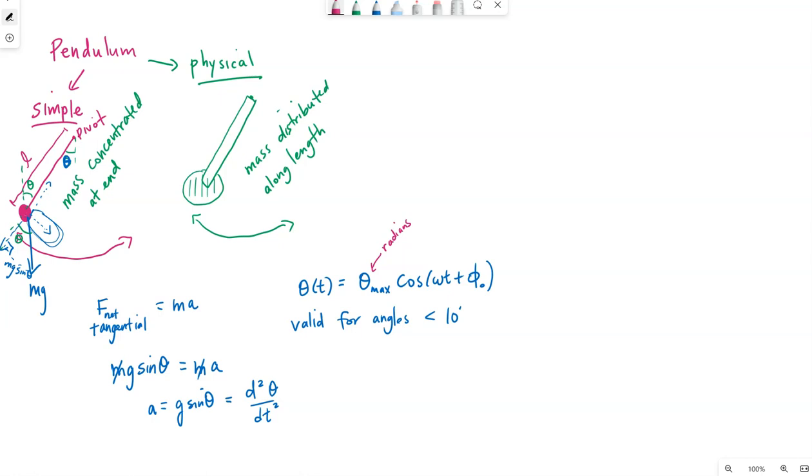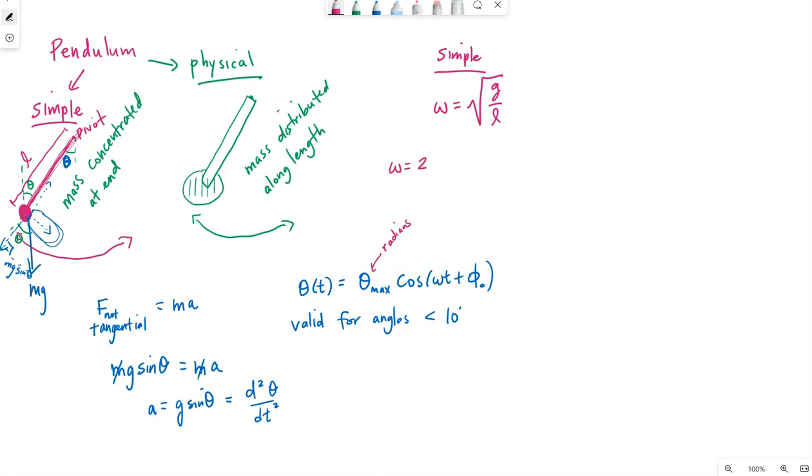Ultimately, though, if we were to take the derivative, pass it back through our equation, we find for a simple pendulum, omega, the rate at which it will oscillate, is the square root of g over L. So g being the acceleration due to gravity, the free fall acceleration, and L being the length of that string that is holding up the mass.